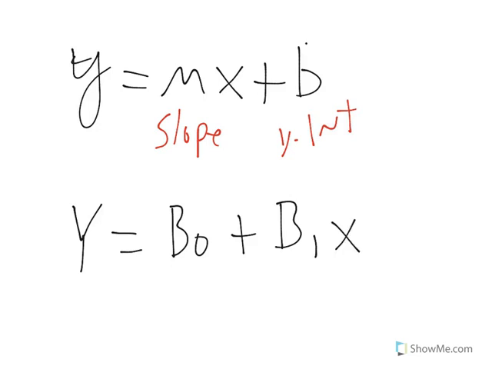The reason to write it this way instead of y equals mx plus b is that in linear regression we can do multiple regression, where we put a 1 on the x1, and we can add more variables to see if two or more variables have a relationship to something.